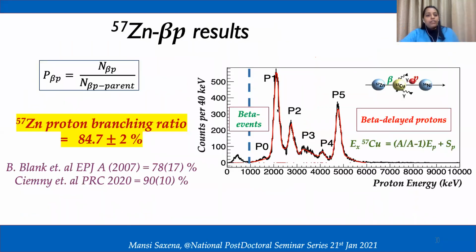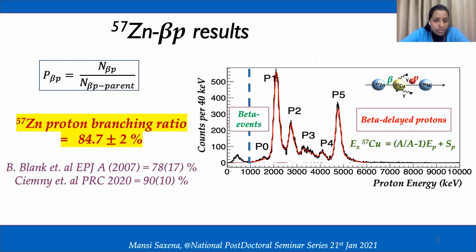Now to one of the most important values which we have extracted. Assuming 100% DSST efficiency for both proton and implants, the total proton branching ratio was obtained by comparing the number of total implants with the number of observed protons above 900 keV.